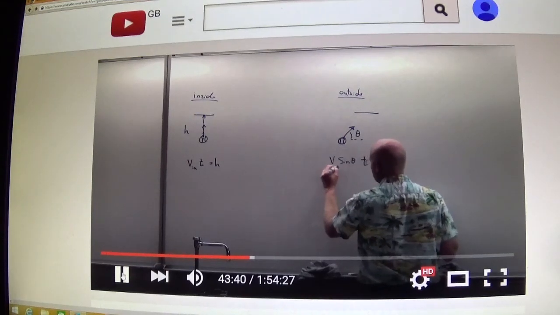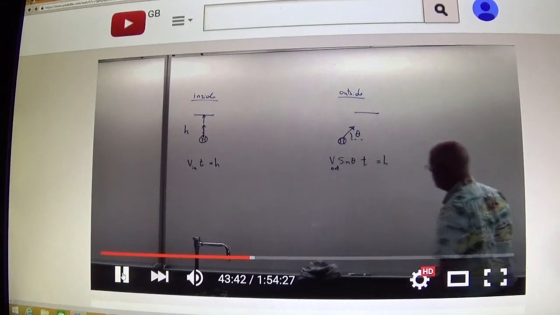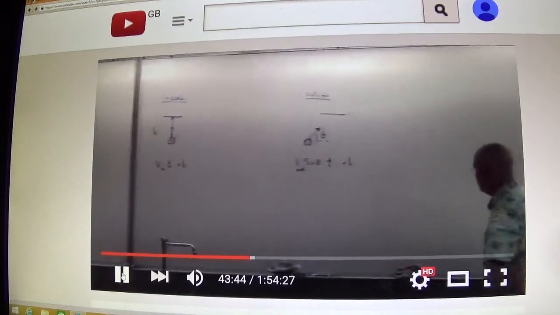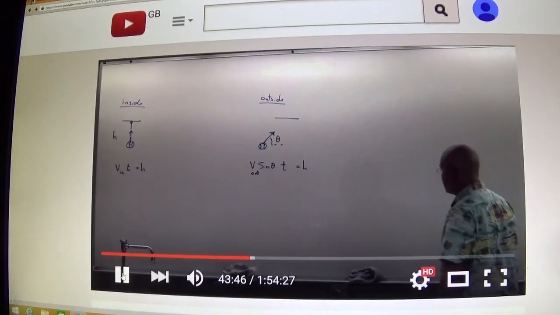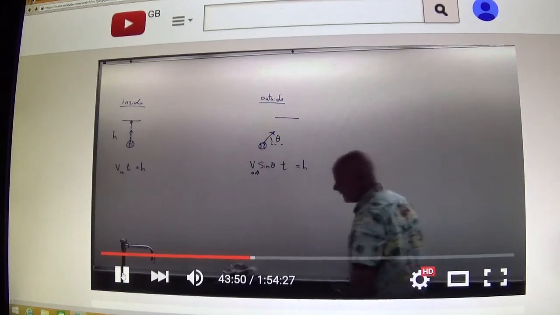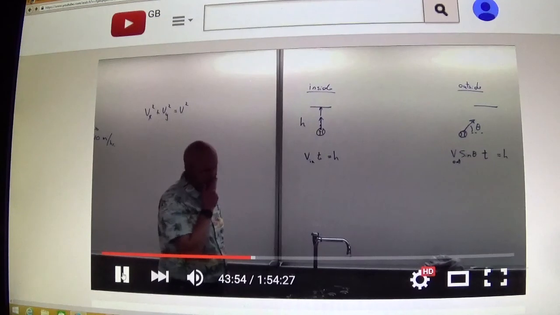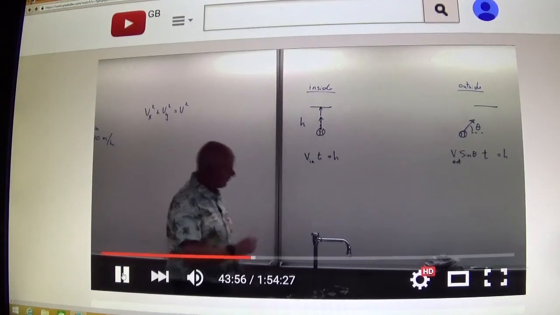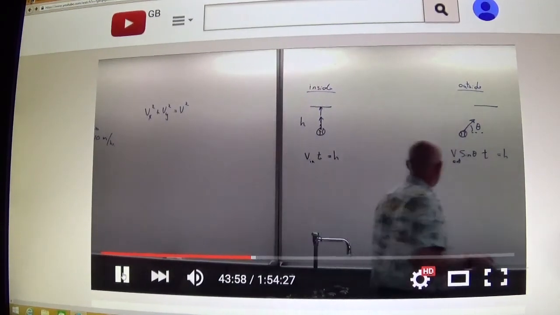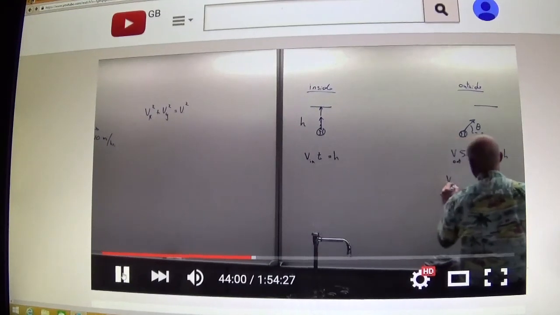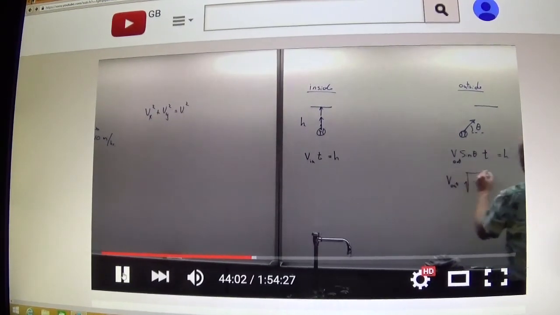This is the speed you would observe on the outside. If I, just for the sake of discussion, replace sine theta with the square root of 1 minus cosine squared theta, times t equals h.